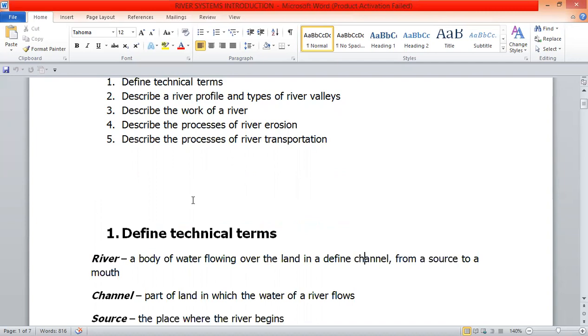We have this term here, river. What is a river? It is a body of water flowing over the land in a defined channel from a source to the mouth. Source is where the river begins, mouth is where the river ends.